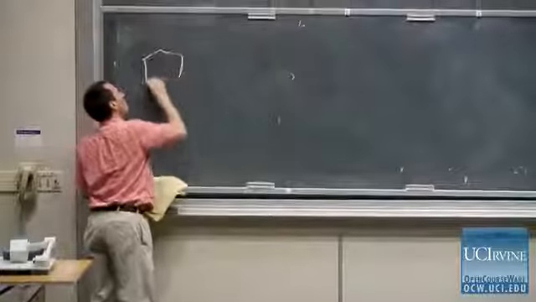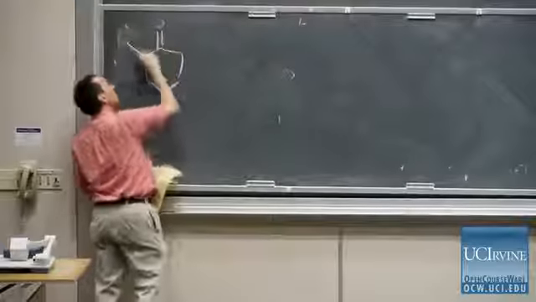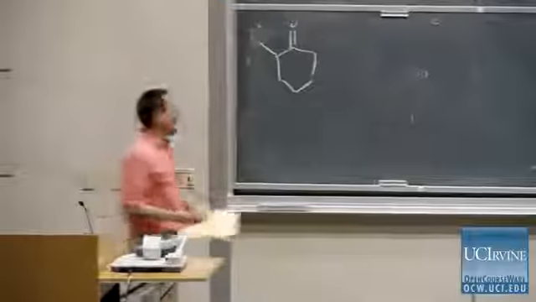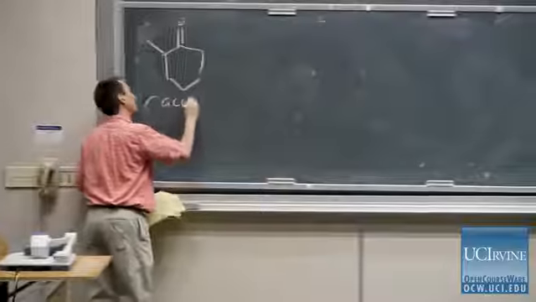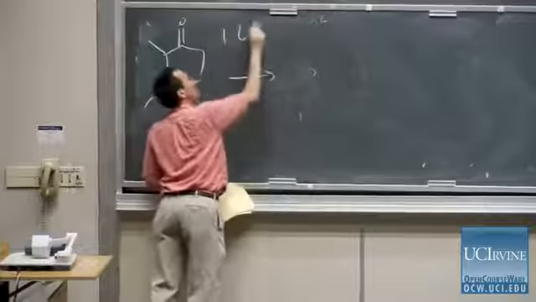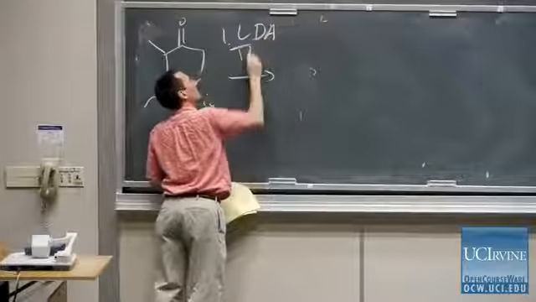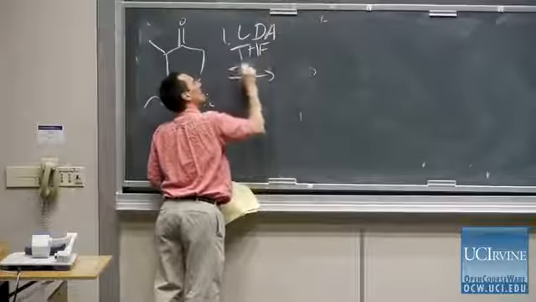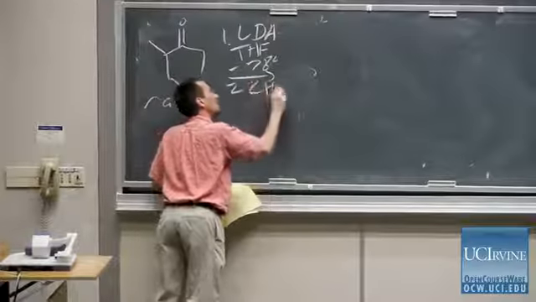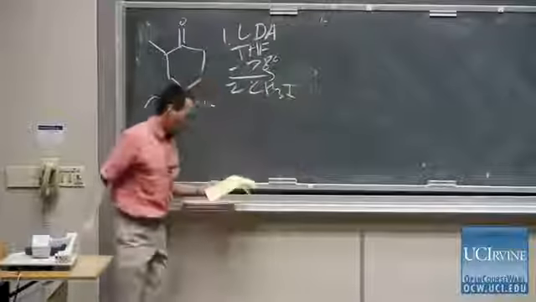So imagine for a moment I take this compound, and almost invariably it's going to be racemic if I haven't specified otherwise. And so I treat with LDA in THF at negative 78 degrees, and then I treat with methyl iodide just as I've done.